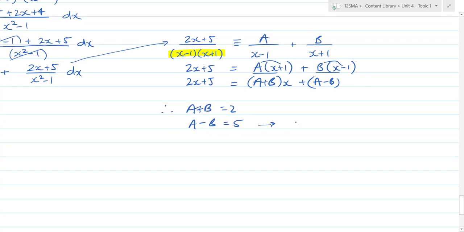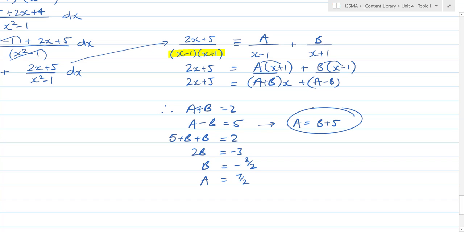If a minus b equals 5, then a equals b plus 5, and I get 5 plus 2b equals 2, 2b equals negative 3, b equals negative 3 over 2, or negative 1.5, and if b equals negative 1.5, then a equals 7 over 2, or 3.5, just based on this equation here.